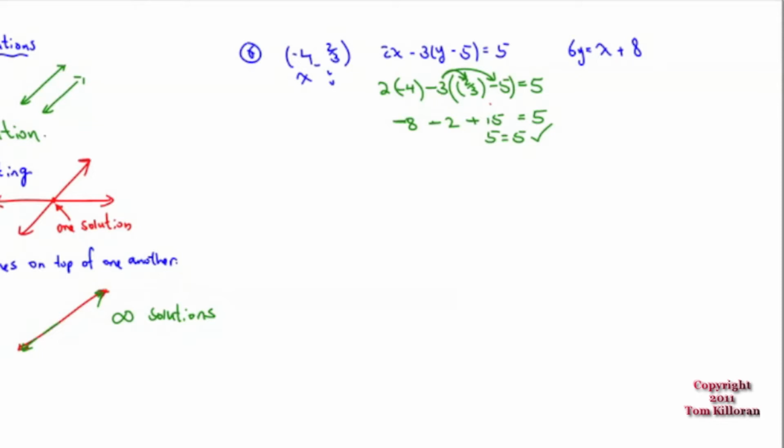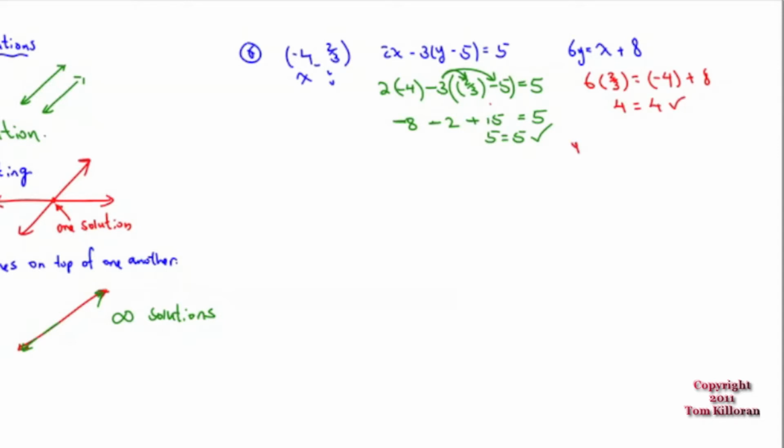All right, the other one, much easier, 6y equals x plus 8. Do the same thing. It's going to be 6 times 2/3. Sorry, this is a y coordinate. Equals x plus 8. What goes into x? -4. So 3 goes into 6, 2 times 2. So we get 4 on that side. -4 plus 8 is 4.